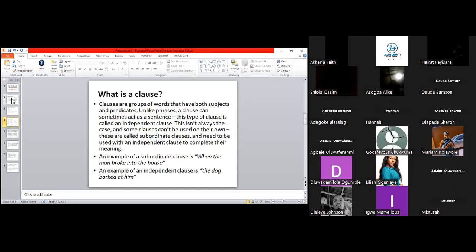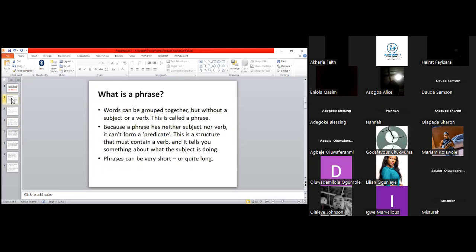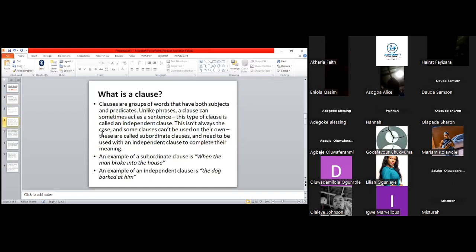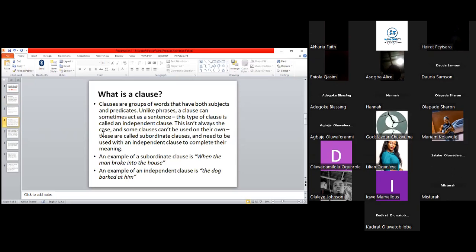I will quickly take us back. Remember, we said a phrase is a group of words without a subject or a verb. But by the time we got into the definition of a clause, we said a clause is a group of words that have both a subject and predicates.